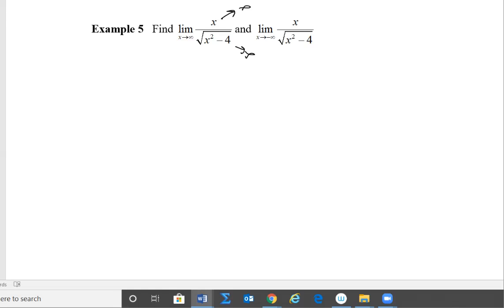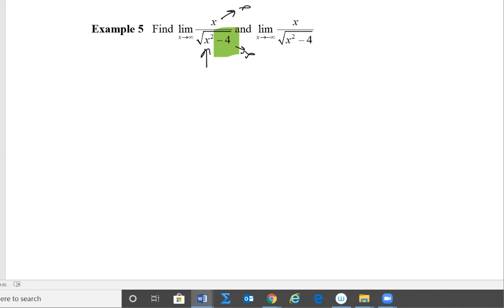So I look at it like this. I look at the numerator or the denominator and I say, when x is very large, that minus 4 doesn't really amount to much. So I really just have the square root. In other words, this part over here is negligible compared to this part here. So I really have x over root x squared, which is the same as x over x. That's like a 1.